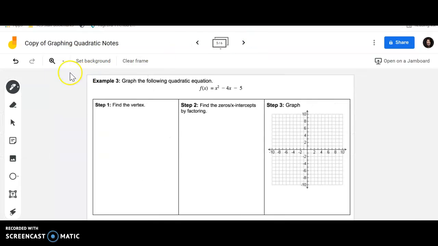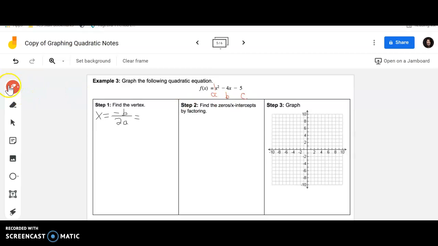One more example. We're going to do the same thing as we did before. We're going to have x equals negative b all over 2a. And our a is going to be, there's a 1 in front of that x, so that's our a. Here's our b, and here's our c.